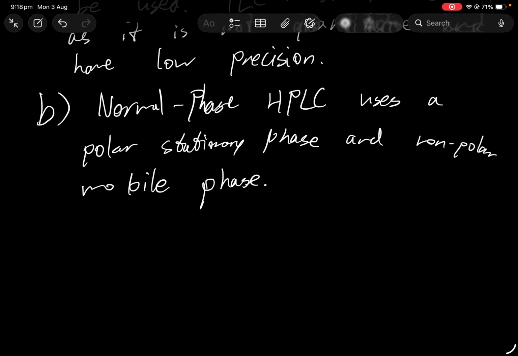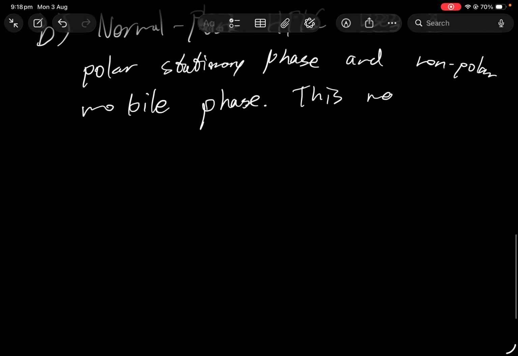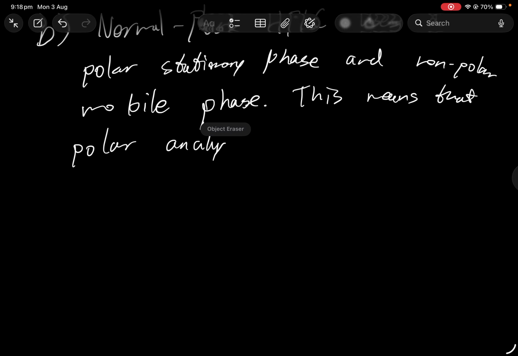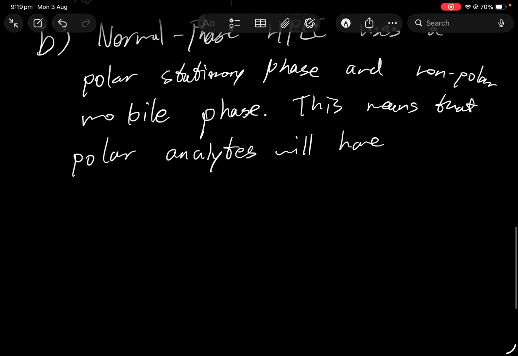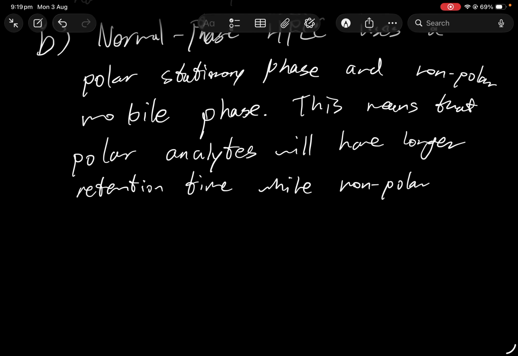This means that polar analytes, not analysts, will want to stay in the stationary phase and will have a longer retention time, while nonpolar analytes will have a shorter time.